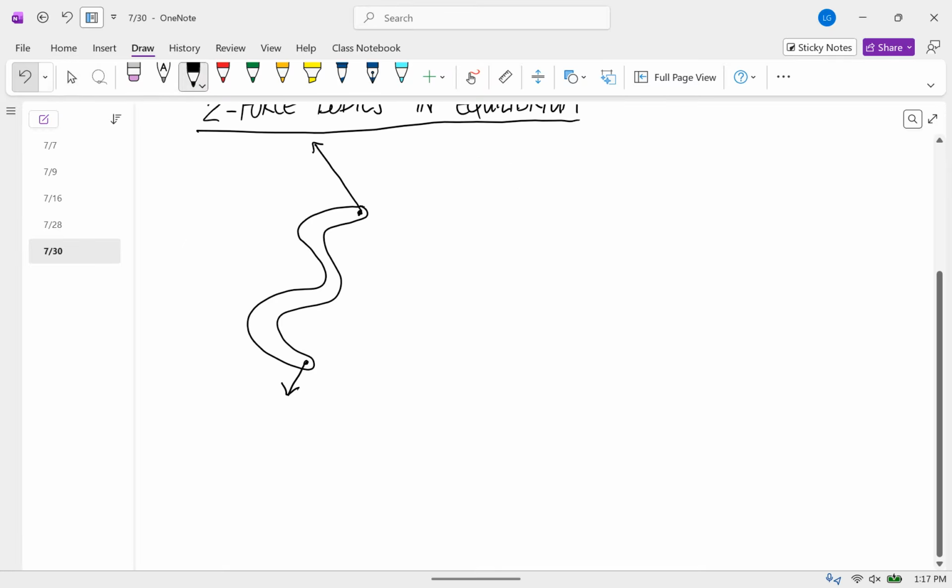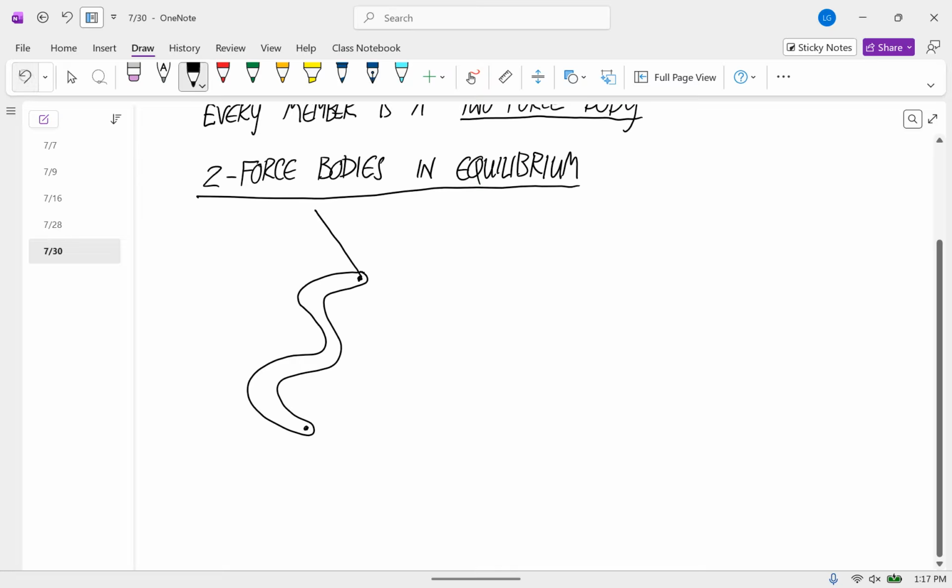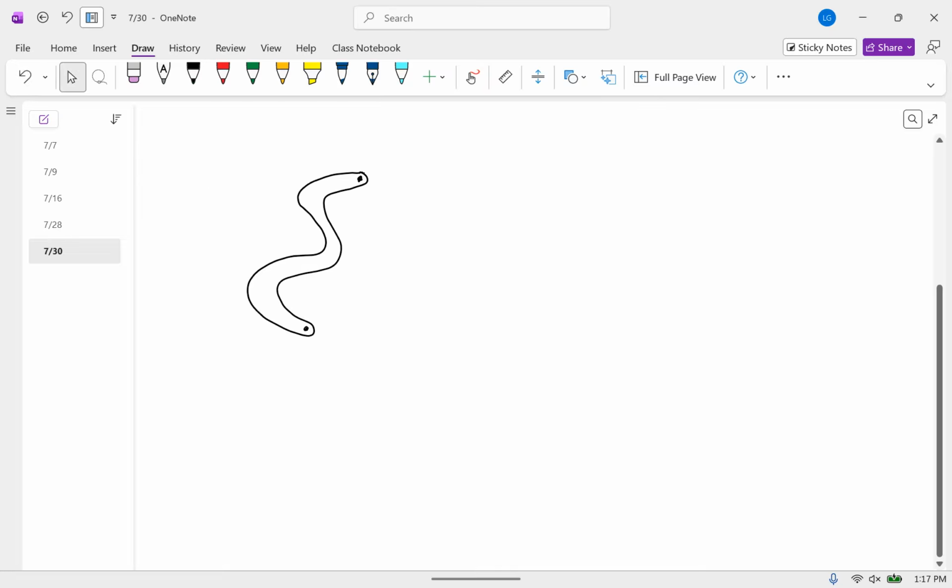Okay, so I'm going to erase these. But the key thing to know about that is since we're requiring that there's no acceleration, because this is an equilibrium, the only way that that's possible is if these two force vectors add up to zero.